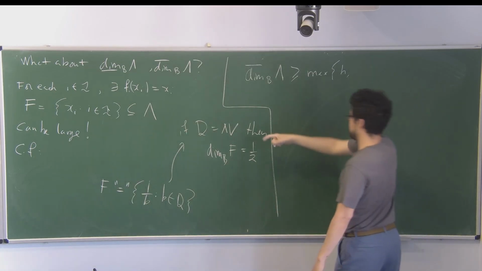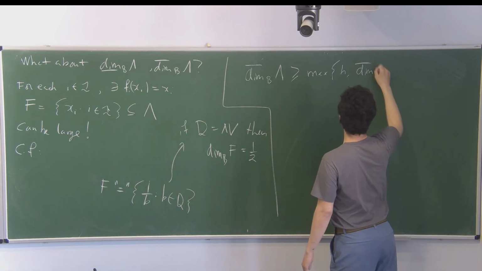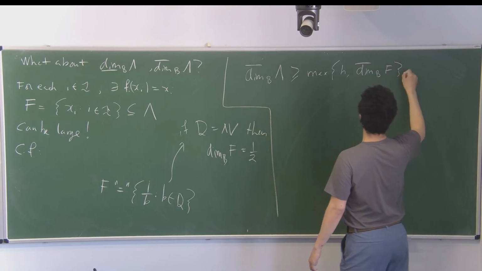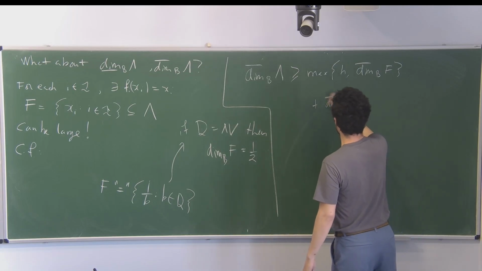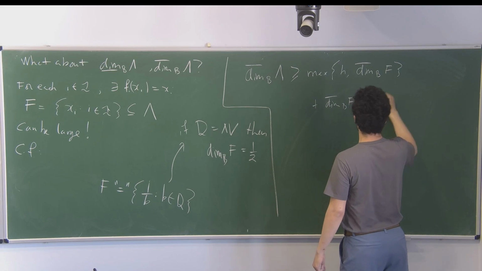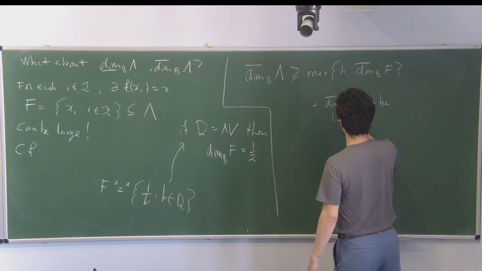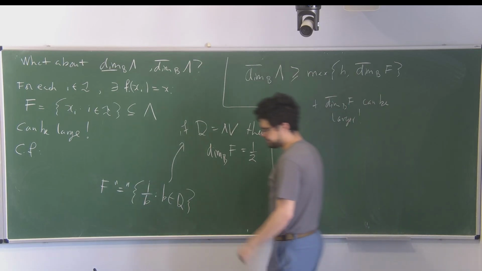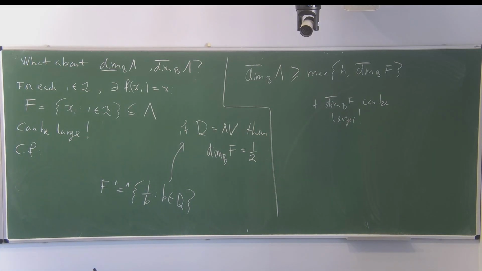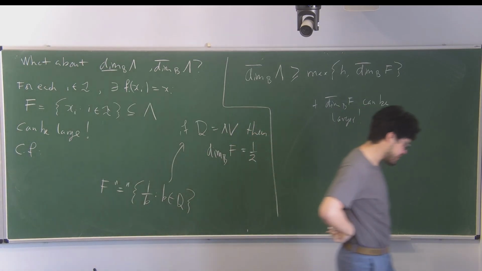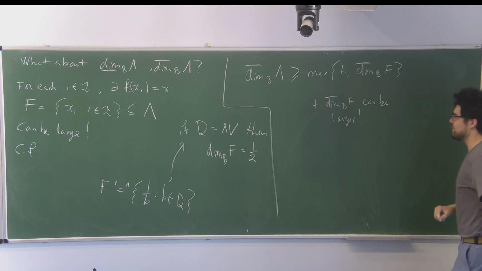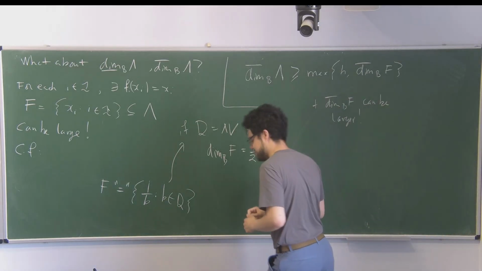And it's also at least the upper box dimension of F, and this can be bigger. So this seems like a really trivial kind of obstruction, right? Why are we interested in a notion of fractal dimension that's so unstable that the moment we add some countable set of points, the dimension immediately becomes bigger? So I claim that this is not a trivial obstruction. Let me briefly explain why.